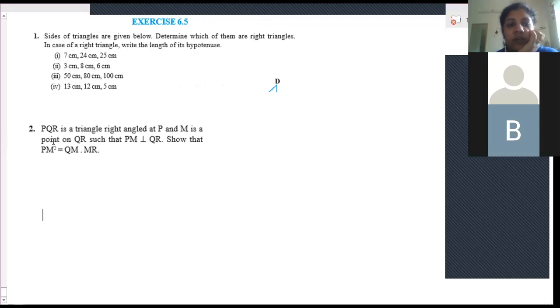Then the second question. PQR is a triangle, right angled at P, and M is a point on QR such that PM is perpendicular to QR.